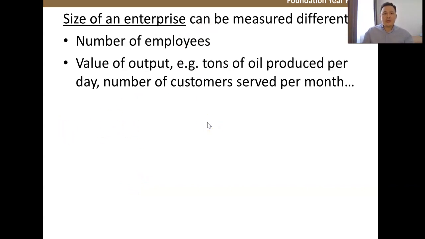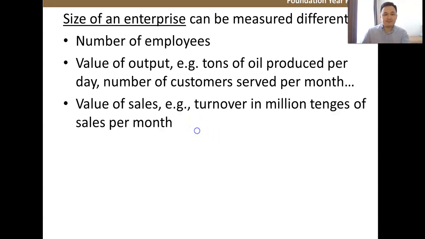Another way is to look at the value of output. If you're a producer, for example in a primary or secondary sector business, then your size can also be measured by the output your company is producing: the number of units, or the number of tons of oil produced per day. If you're a service company, you may say we have this amount of users, this amount of customers.